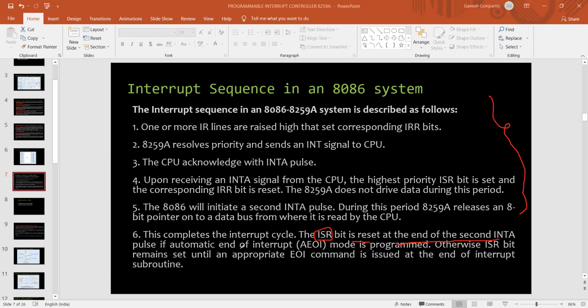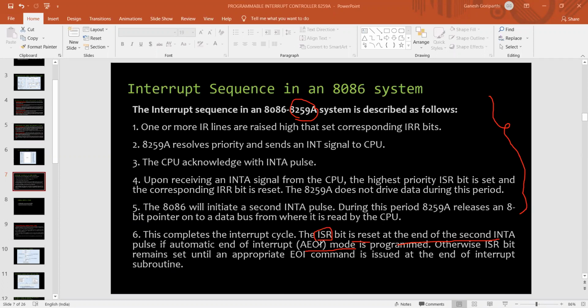And if automatic end of interrupt mode is programmed, there are different modes of operation actually that we'll be seeing later on. If the 8259 is programmed in automatic end of interrupt AEOI mode, that means the interrupt automatically ends after finishing.